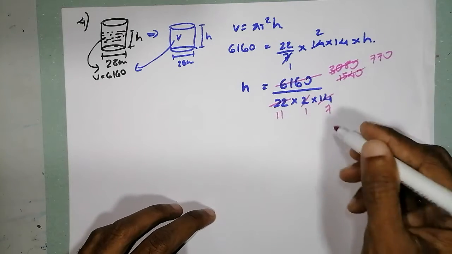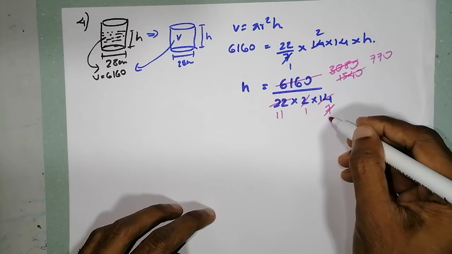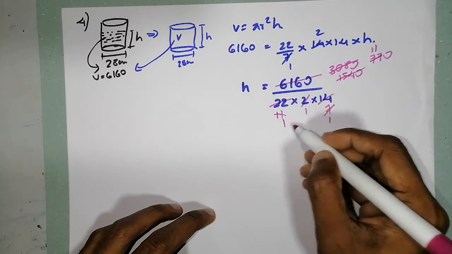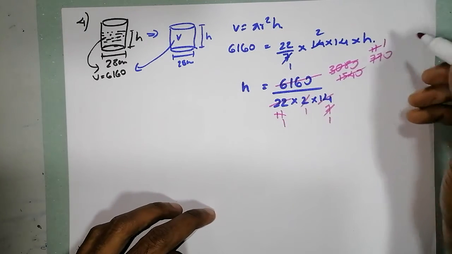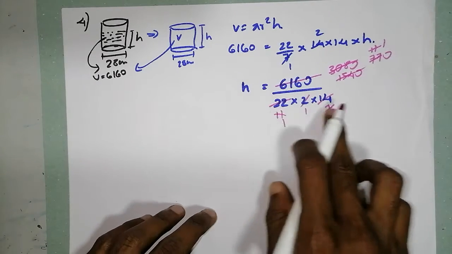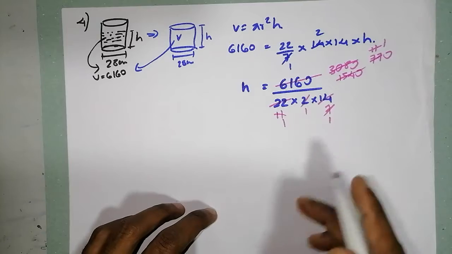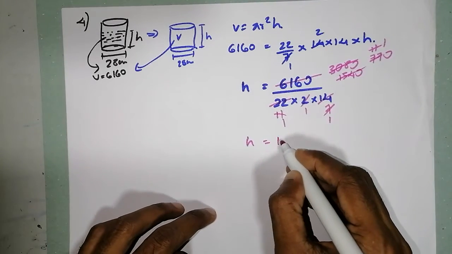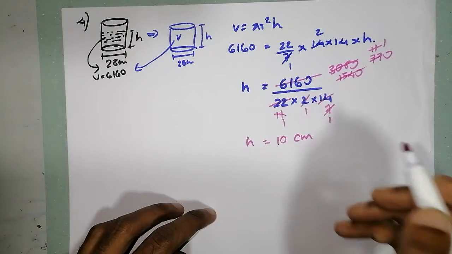So easily you can pick 7 divided by 7 it's 1, divided by 7 it's 11, divided by 11 it's 1, divided by 11 it's 1. So we have 10 on the numerator, nothing on the denominator, it's 1. So h equals 10: the height of the water level is 10 centimeter.